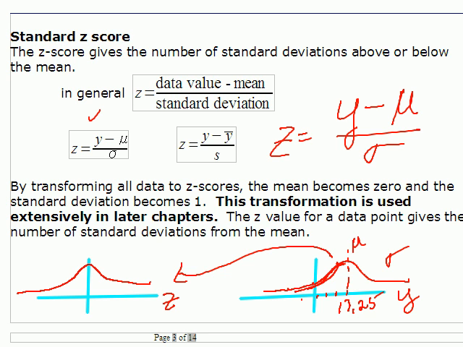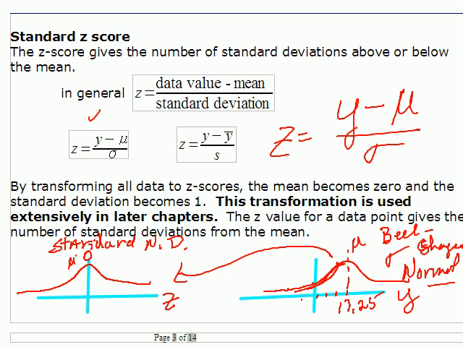It turns into the same bell-shaped curve, or Gaussian distribution, sometimes called the normal distribution. It turns into what's called the standard normal distribution. In the standard normal distribution, the mean is 0 and the standard deviation is 1.